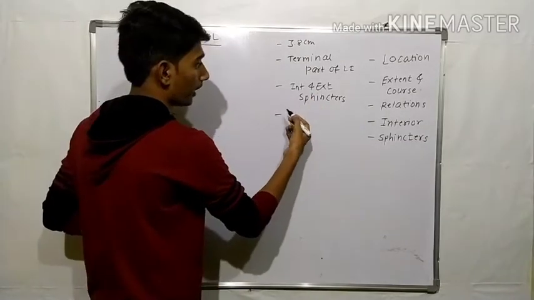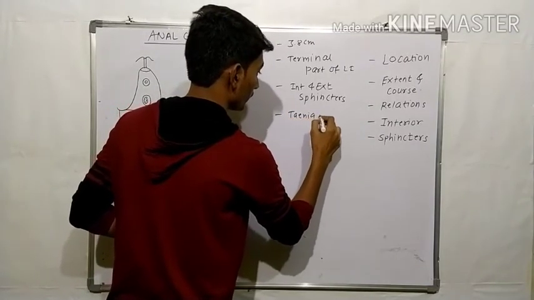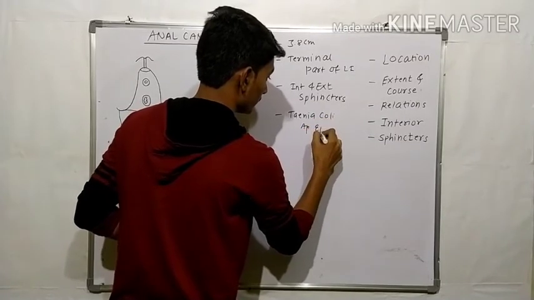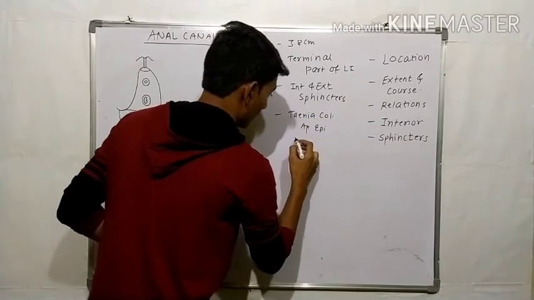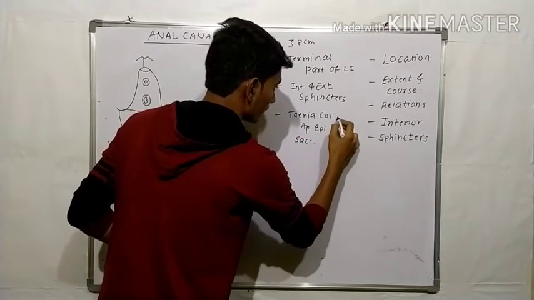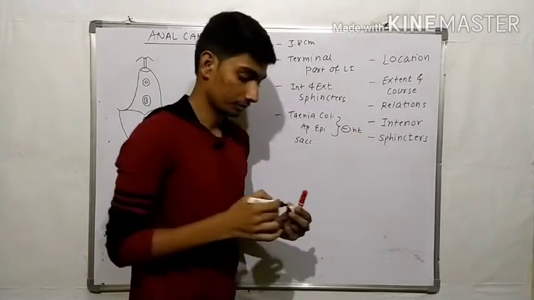And it is devoid of taeniae coli, appendices epiploicae and sacculations. These are absent in the anal canal.